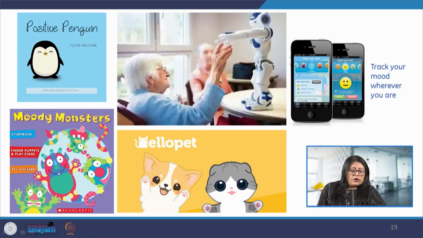We also need to consider whether an interface's appearance affects the usability and the user experience. Here we can see a few examples of digital platforms, like Hello Pet, an app where users can keep a pet animal, a cat or a dog, and it keeps running on the screen of the user.